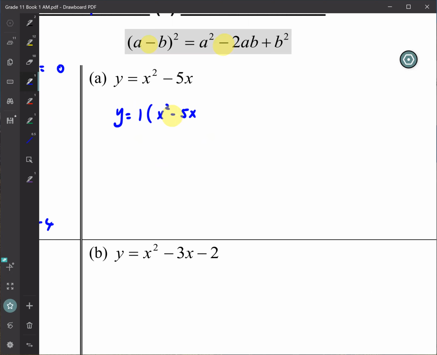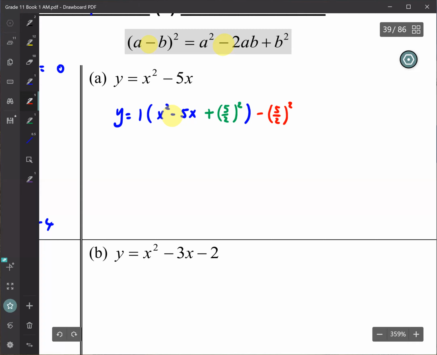Remember that, always add. So add 5 divided by 2. Don't use -5, just use the 5. So you put 5 over 2, squared. Divide by 2 and then square. Close bracket, balance. So minus whatever you added on, and then times it by 1.